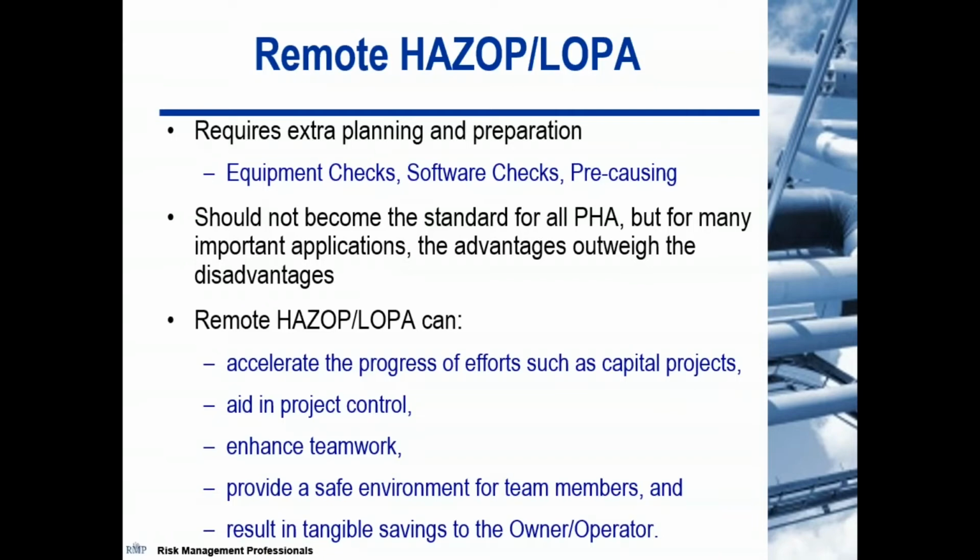The remote PHA can accelerate efforts such as capital projects, aid in project control because you're keeping things moving forward and meeting your milestones, enhance teamwork, provide a safe environment for team members, which is an issue now, not normally, and result in tangible savings to the owner-operator. All these things are inherent abilities of the remote PHA if it's applied properly and if you think ahead for some of the important preparation activities. Next.